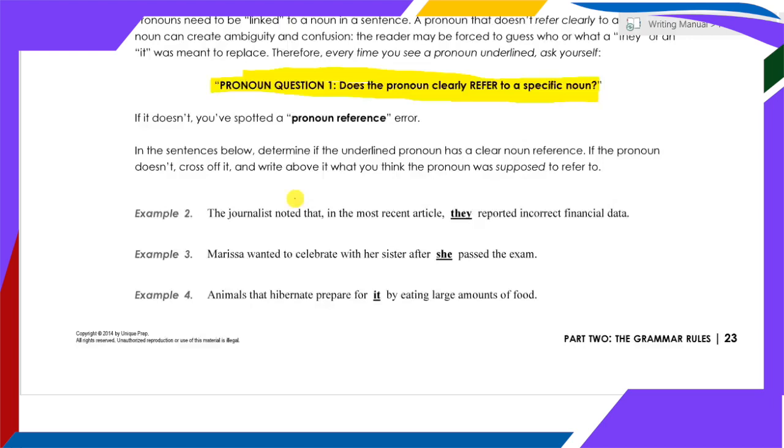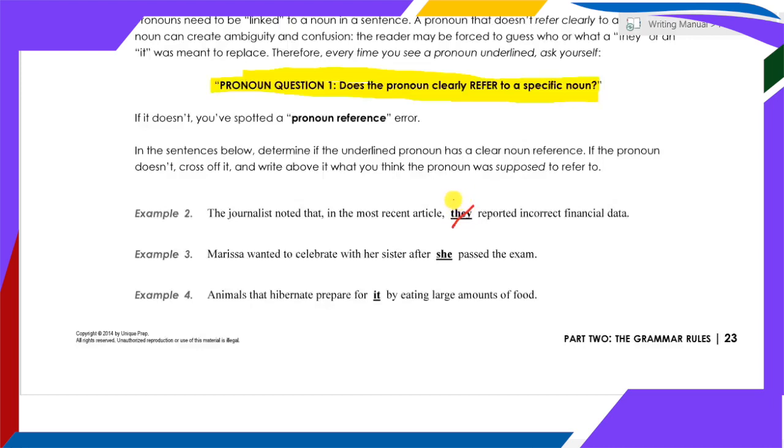Okay, example 2, we have: the journalist noted that in the most recent article, they reported incorrect financial data. So obviously the they is your pronoun. You have to ask yourself, does that they refer clearly to a noun in the sentence? And the answer is, of course, no, it does not. There is no plural noun to which this they could refer.